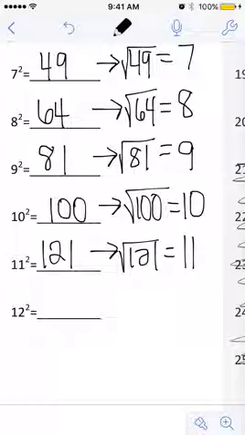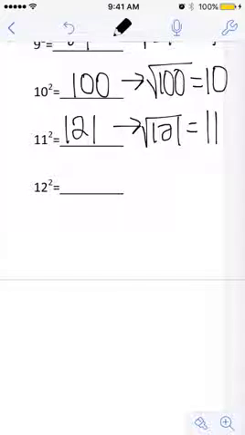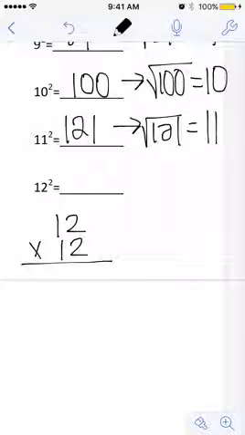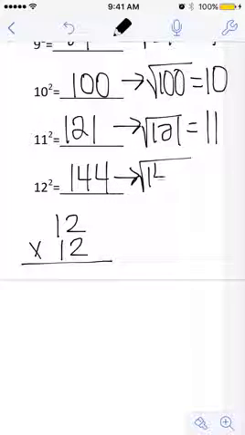So how do I know these? Well, I know my multiplication facts up through probably 12 or 13 every time. If you can't figure out the squared part, all you need to do is simply write out what is 12 times 12 and do that multiplication. So we know that 12 times 12 is 144, and the square root of 144 is equal to 12.